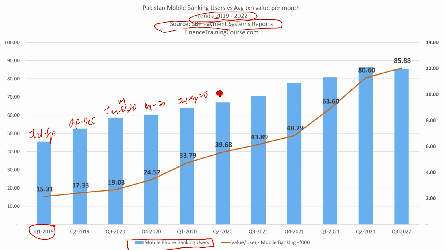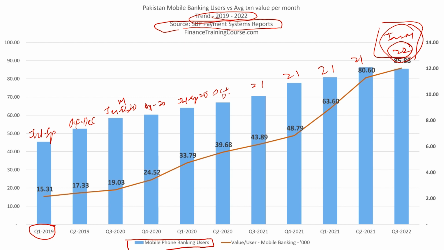This is October to December 20. This is 21, this is 21, this is 21, this is 21, and this is 22. So the last data set is essentially January to March 22. This is the most updated set that I was able to find as part of my work before the conference happened.